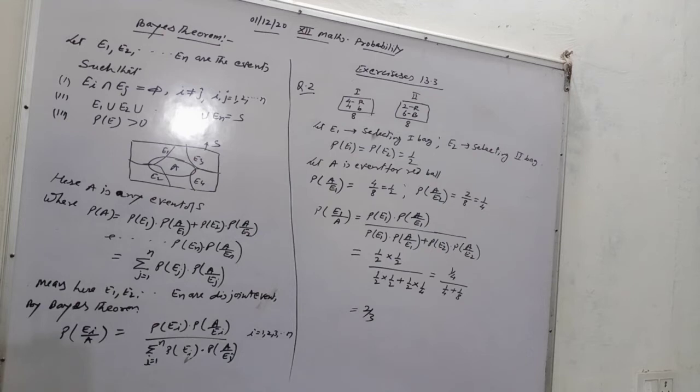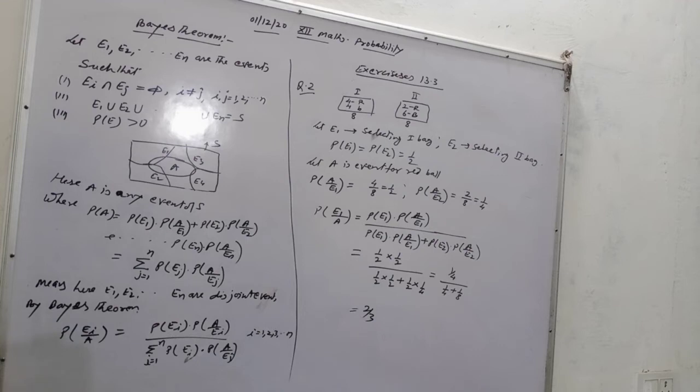Total means P(E1) into P(A/E1) plus P(E2) into P(A/E2) plus so on. This is known as Bayes theorem. From an example you can understand clearly. See one question from exercise 13.3.